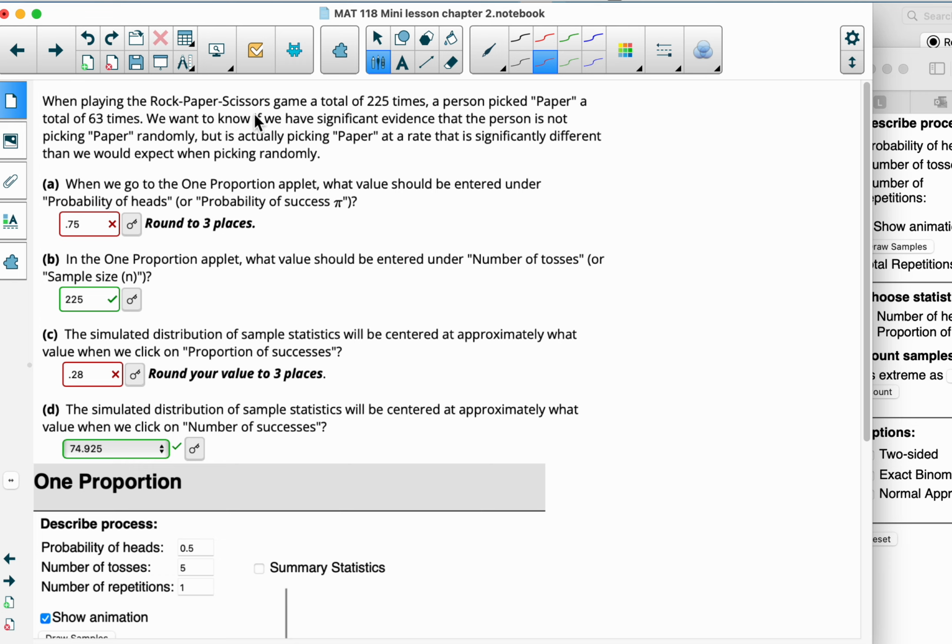If I look at the rock, paper, scissors example, we're told that when we played this game a total of 225 times, a person picked paper 63 times out of 225. So that is our p hat. P hat is equal to 63, our number of successes, over 225.